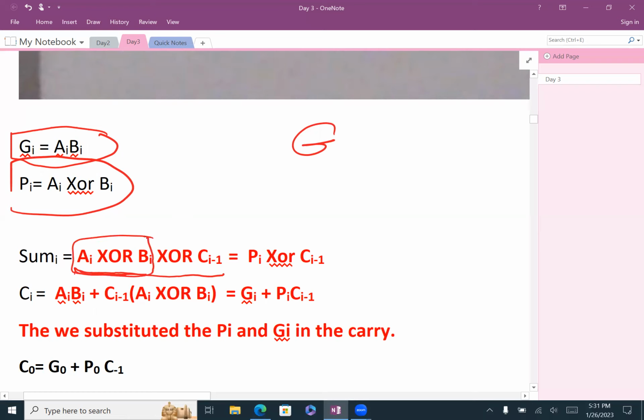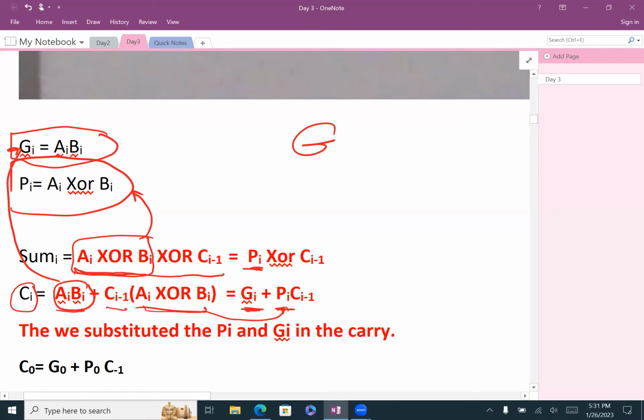A XOR B is the B of I. That's why we replace it with the B of I, then XOR C of I. Now, what is the carry? It's A and B, plus C of I times A XOR B, which is B of I, correct? Because A and B equals G of I, we just replace it. And the A XOR B is equal to B of I.